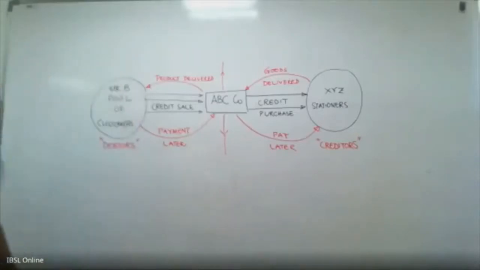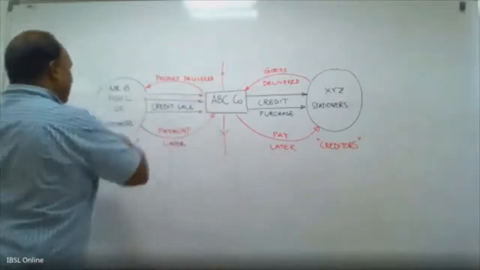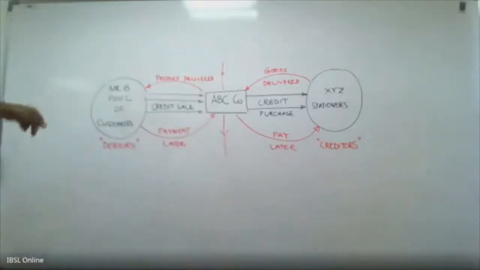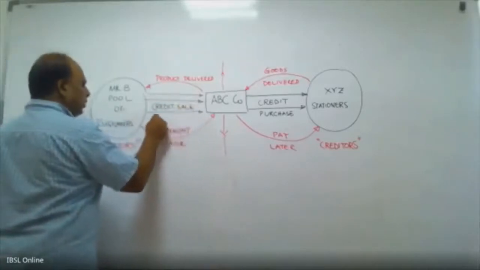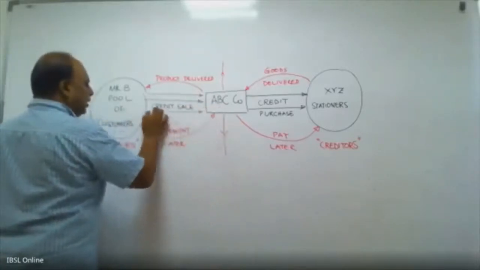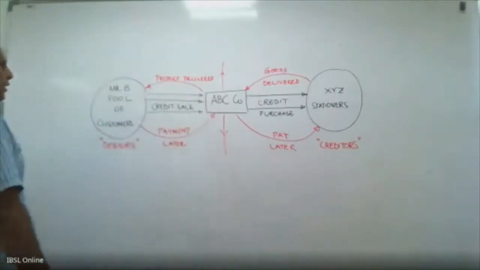B. Now Mr. B is a long-standing customer of ABC company, and he purchases goods in bulk, not like the earlier person. So what happens when he purchases goods in bulk? He would like to enter into an arrangement with ABC company to make this a credit sale.